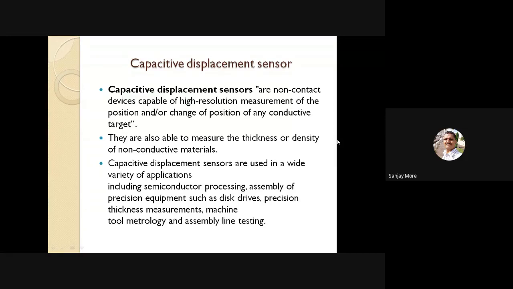They are also used to measure the thickness or density of non-conductive materials.